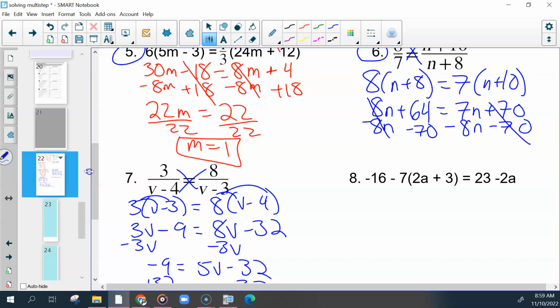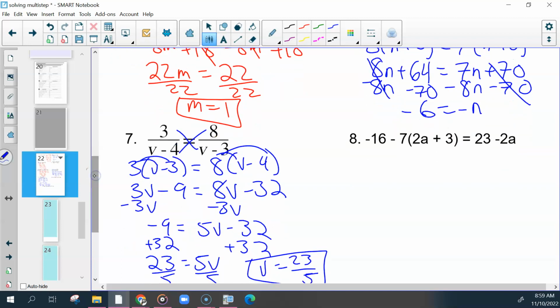What would we have left? 6 equals negative n.